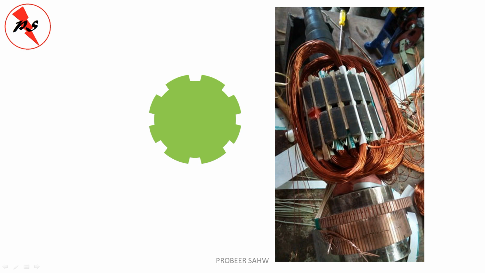So we can see this is the rotor, which is cylindrical in shape. These are slots, and in these slots these windings are kept. These windings are copper wires which are insulated. So this is how the rotor armature looks in a DC motor.